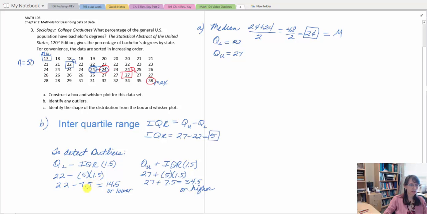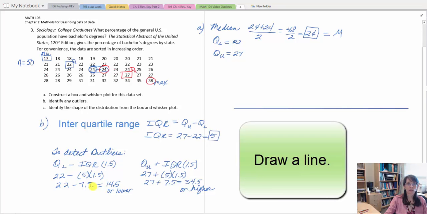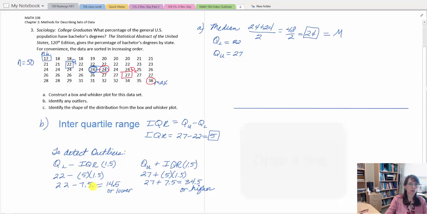So I feel it's important to figure out what these values are for outliers so that we can have a more complete box plot. To draw the box plot, we need to start off first with a straight line, and we're going to look for the smallest value that's either in our measurement or something we calculated for outlier.